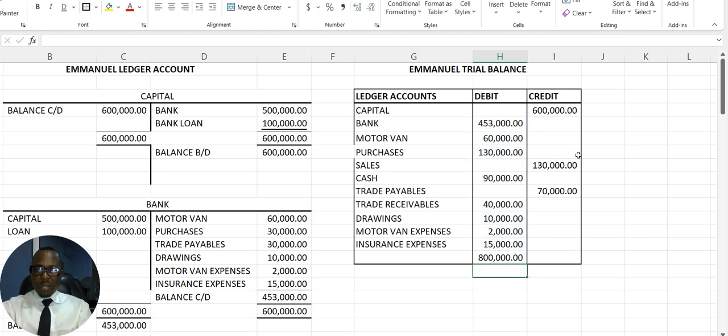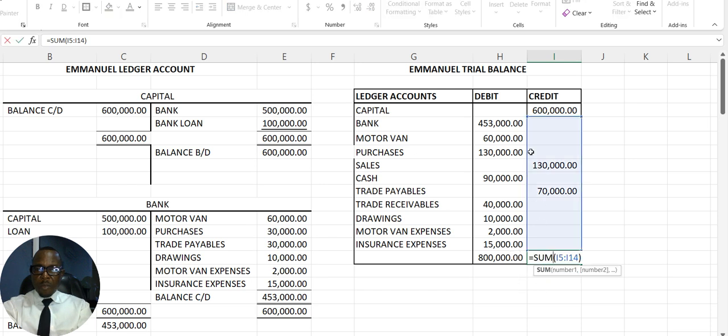We have 800,000. Let's check if the same thing is applicable here. Alright, so as you can see, both sides of our trial balance are equal.